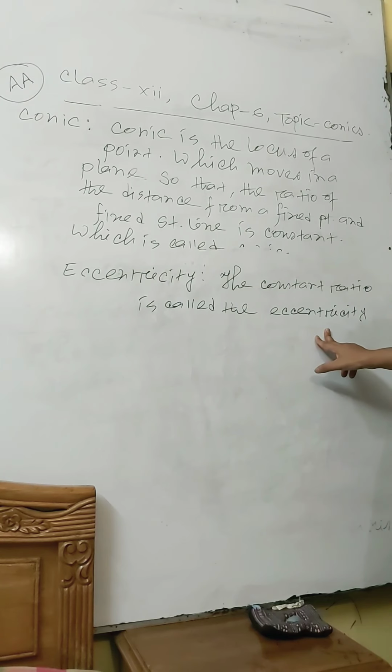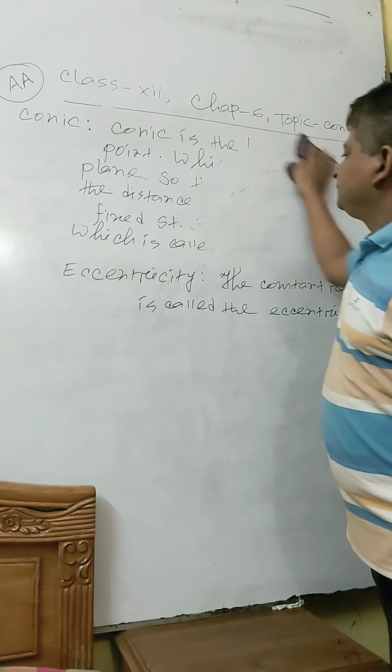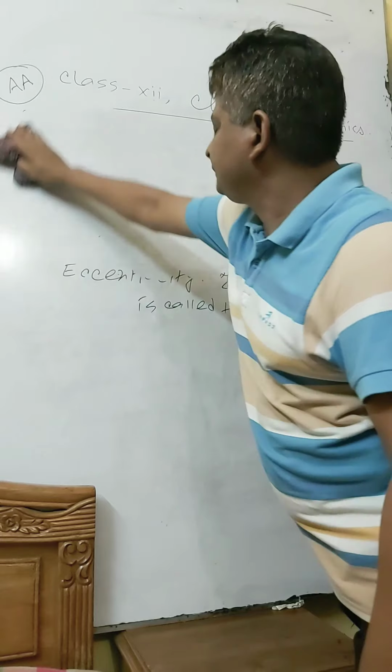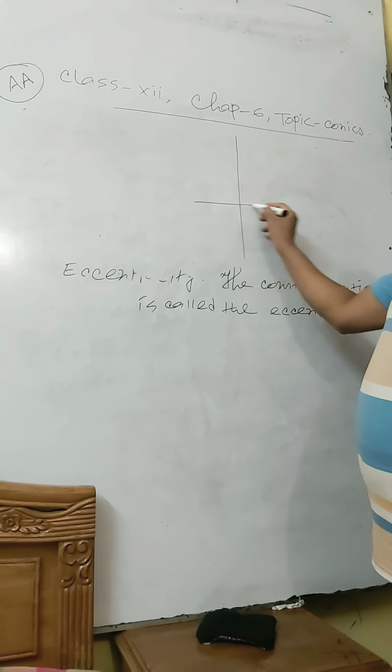The constant ratio is known as eccentricity. Where? Again I draw the figure.